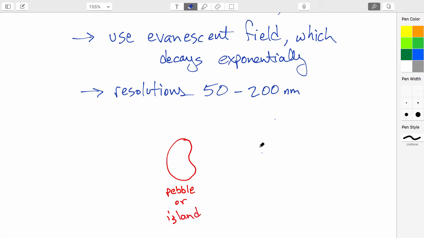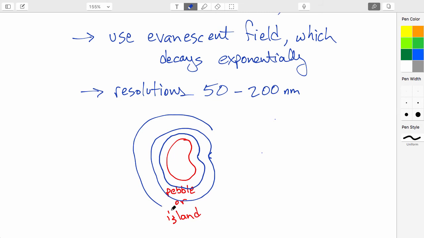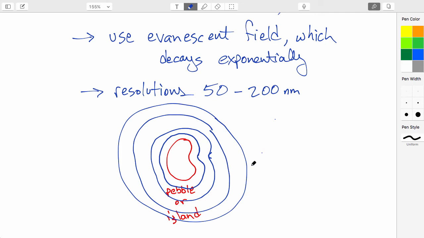Now, if we were going to drop that pebble into a tank of water, or if we were looking at an island from above and looking at how the waves impinge upon it, we would expect to see a series of waves, something like this, around this island. And the key thing I want to emphasize here is that very close to the island, the waves, for example around here, would follow the shape of the island very closely.